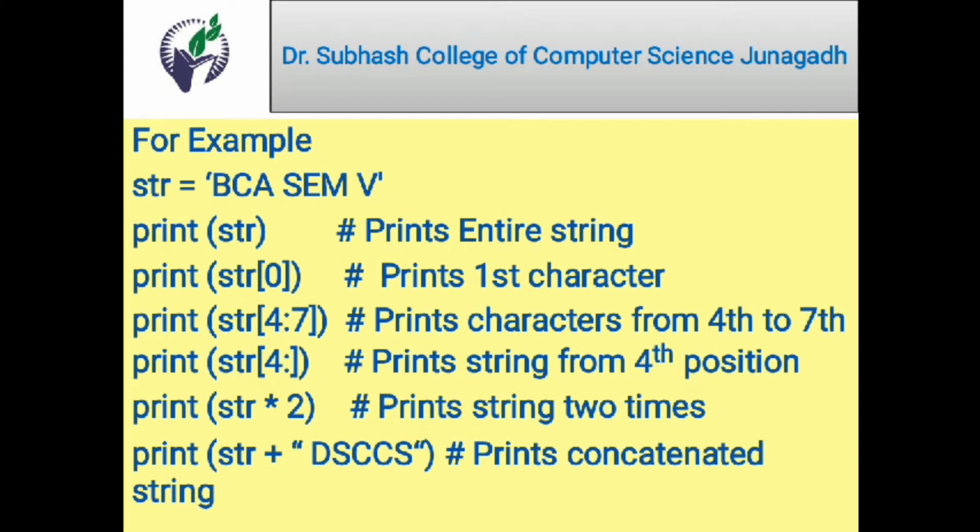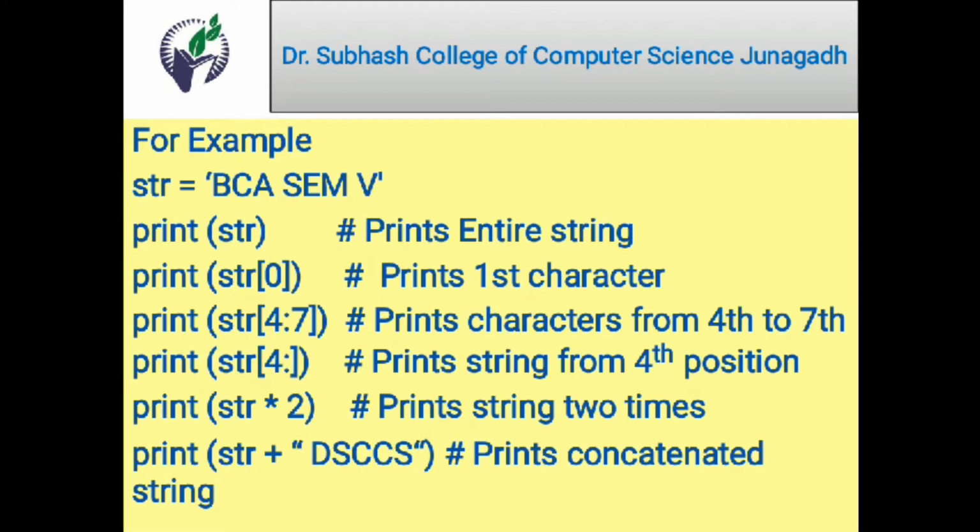Now using the slice operator, if you want to print or access an individual element of the string, an individual character of the string, it is possible here. str[0]: the string begins from 0.